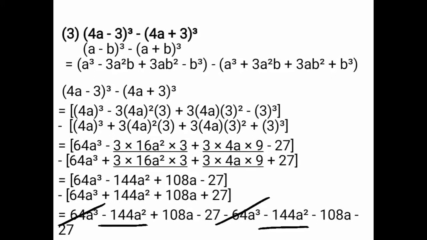Minus 144a square minus 144a square, the answer is minus 288a square. Plus 108a minus 108a get cancelled. 108 minus 108, the answer is 0.